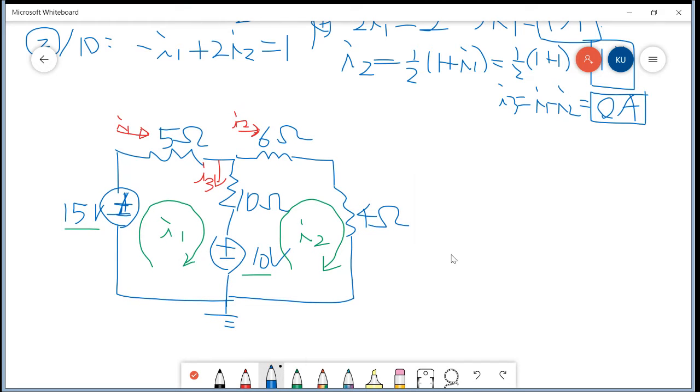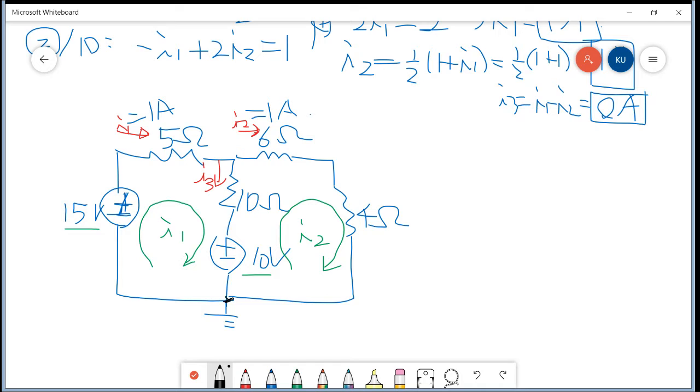Okay, so we know that I1 is 1A. This is also 1A, and I3 is 0. So this is ground. Maybe I choose to use black color.